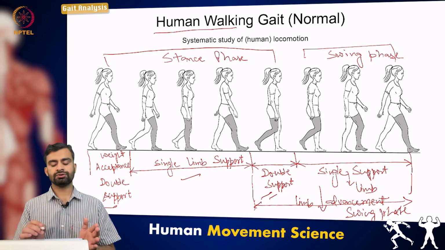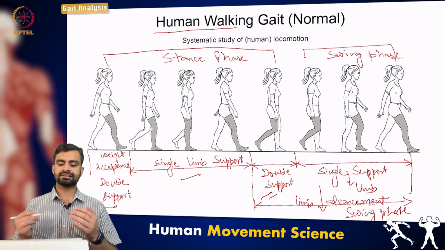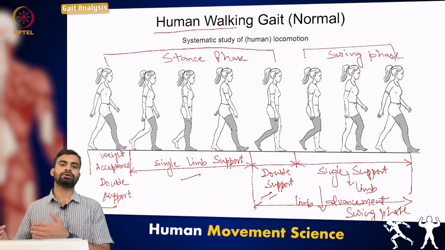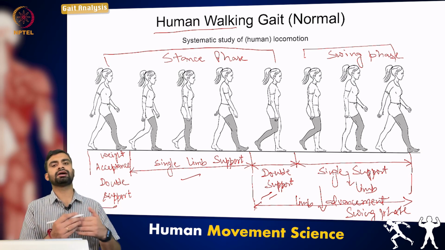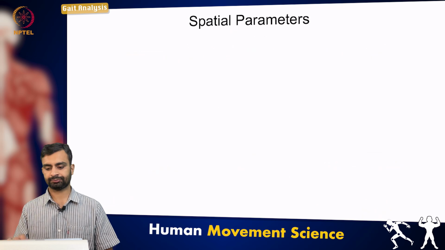So this is how the whole gait cycle is divided, and with this understanding we will be able to understand human motion, particularly during walking, in a more systematic way.